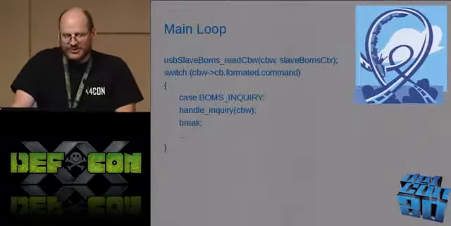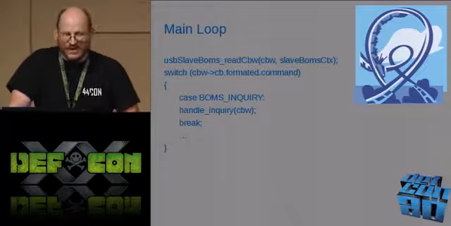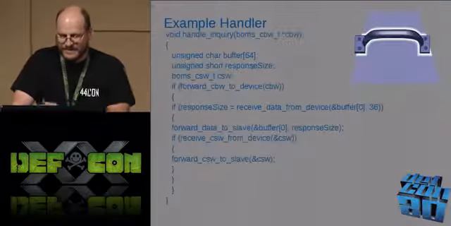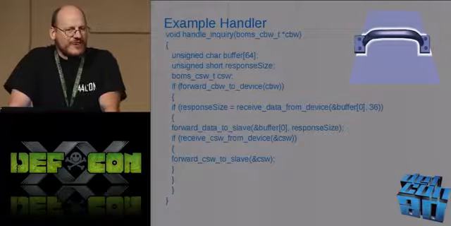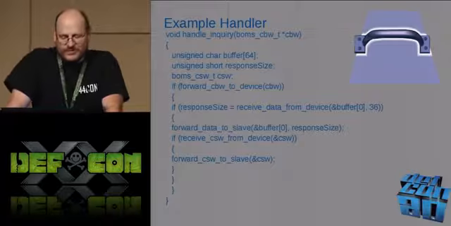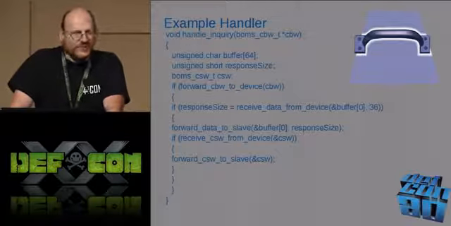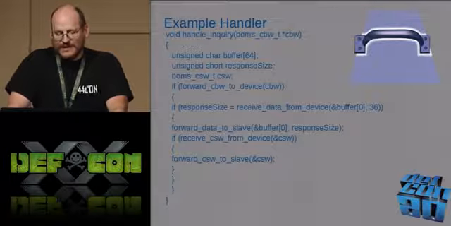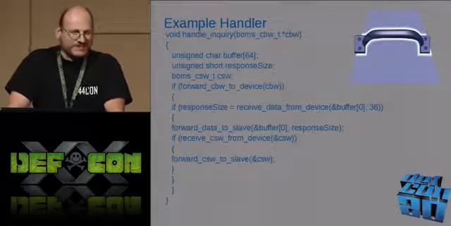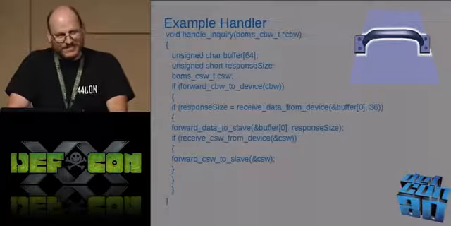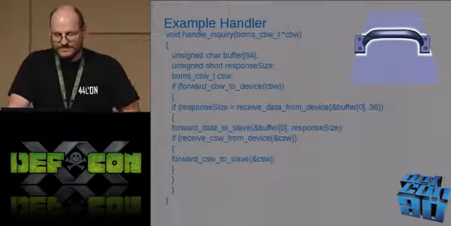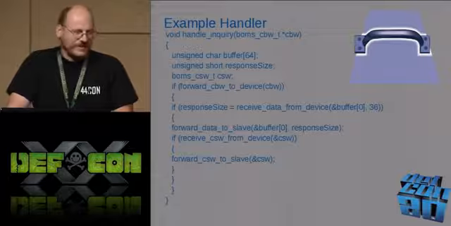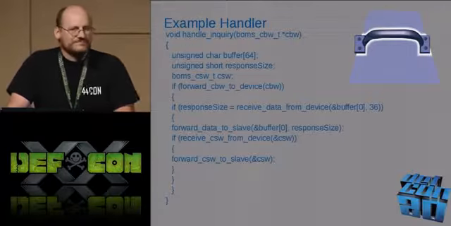All right, so the main loop just sits around waiting for stuff. And then I have a bunch of handlers. This is just a quick example for the inquiry command. It gets a command block wrapper, allocates a little space, forwards it to the device, gets a response, sends it back, and waits for a command status wrapper, and sends it back.